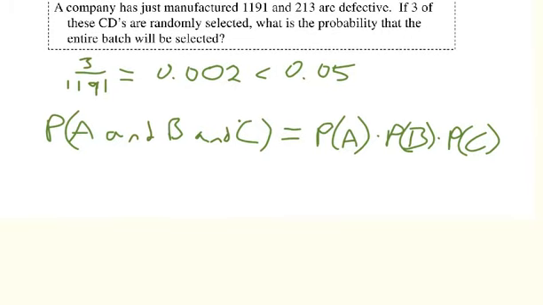Now to calculate the probability that A occurs, we have to be a little careful. So we know in our batch that 213 out of 1,191 CDs are defective. What we have to figure out is how many are not defective in that batch and divide that by the 1,191.